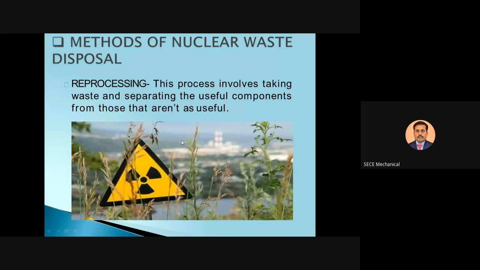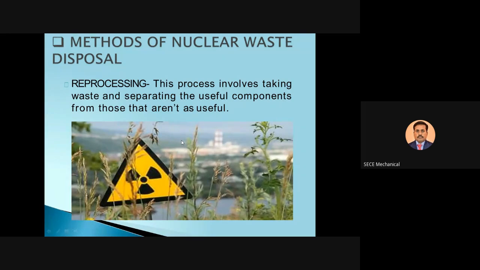Uranium is used, and after usage of uranium, it is a nuclear waste. Using some chemical processing, some chemical reaction, we have to separate some ions. That kind of processing we have to do for removal of your nuclear waste.